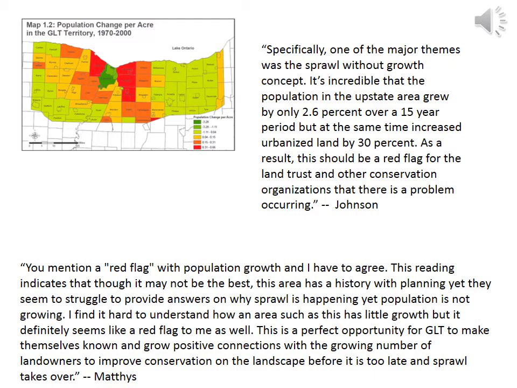It's not being seen in the decision-making process. And again, we go down to Bailey, and her comments along the same line are, here's the red flag, here's a major concern. Where is this in the plan? In her mind, this seems like a perfect opportunity for the Genesee Land Trust to make themselves known and grow positive connections with a growing number of landowners to improve conservation in this landscape before sprawl moves in and it's too late to stop.